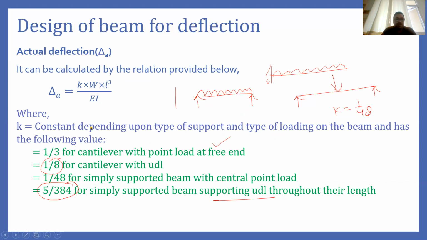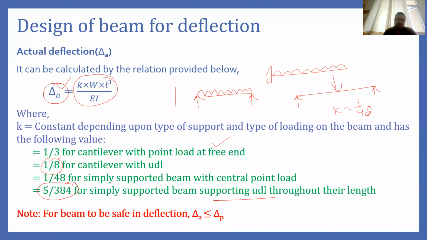If we are able to calculate all terms, we can easily calculate delta A. Once we calculate delta A, we will compare it with delta P. For our beam to be safe in deflection, delta A, the actual deflection, should be less than or equal to the permissible deflection. That is the condition for passing our beam in deflection criteria.